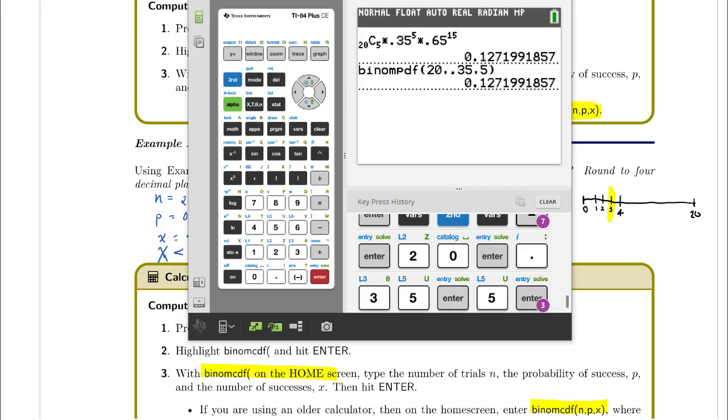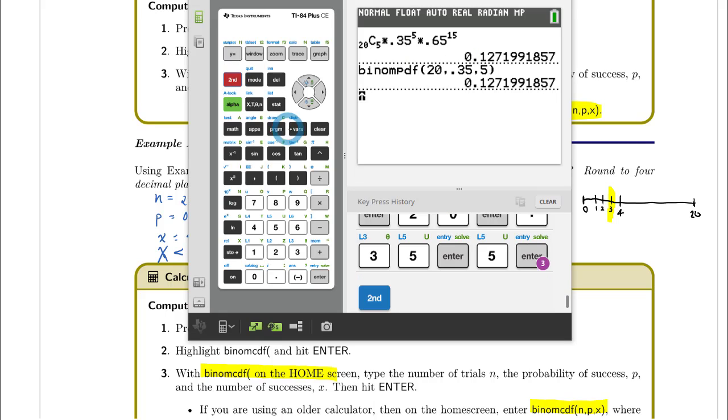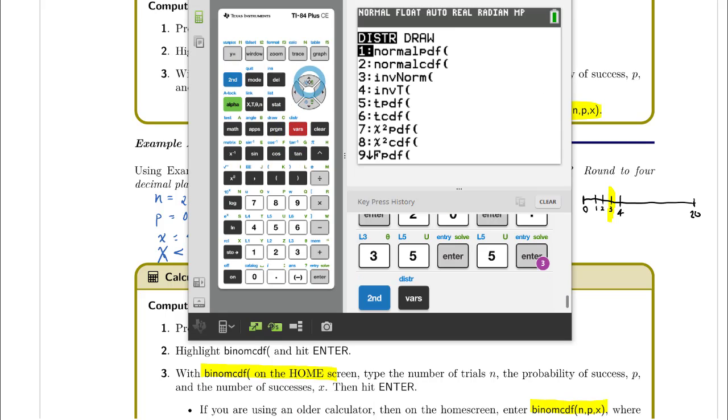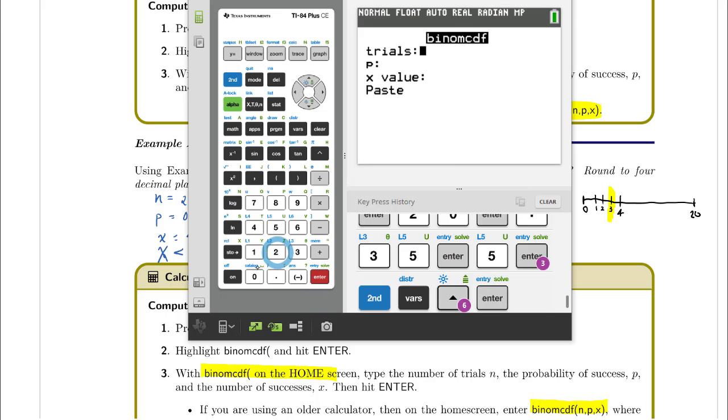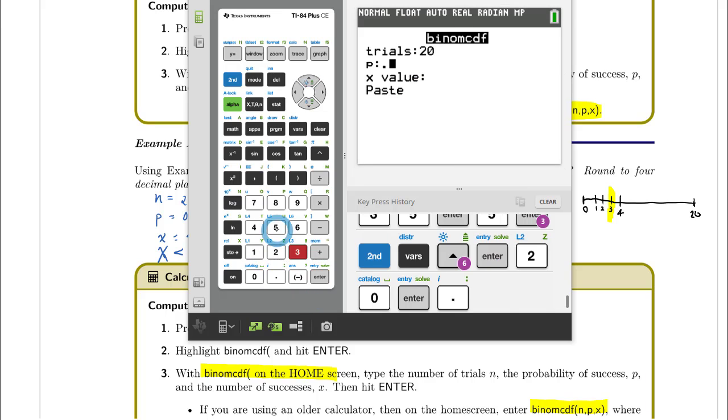So let's go to our calculator and go again to second vars and go down all the way till you see binomial CDF. It's right below the PDF. And again, C stands for cumulative. So again, I would do 20, 0.35.